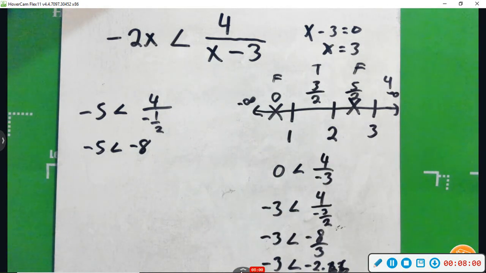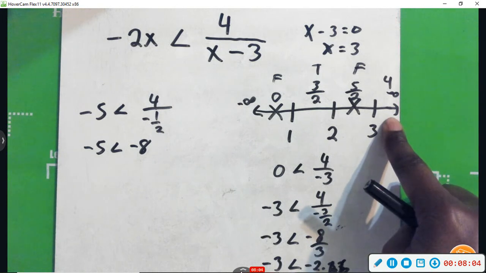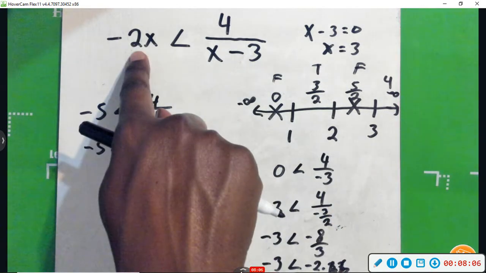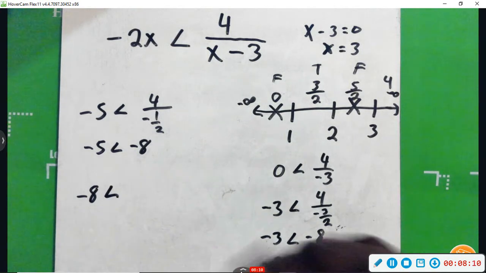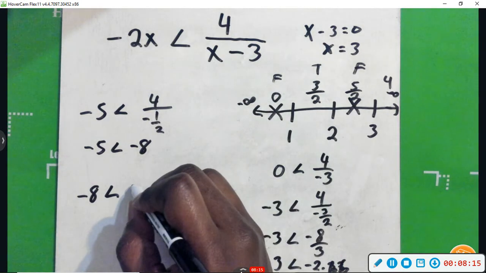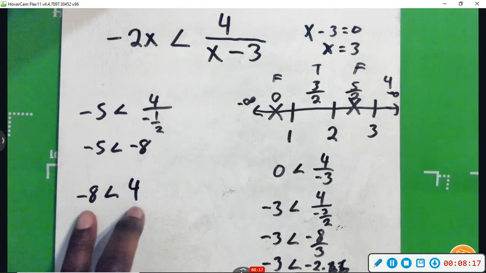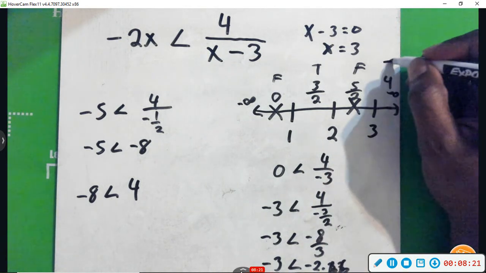Alright, and then lastly, we will try 4, which will be pretty easy to plug in. So plugging in a 4 will give me a negative 8 is less than 4 divided by positive 1, which is 4. So I'm getting negative 8 is less than 4, and that is true.